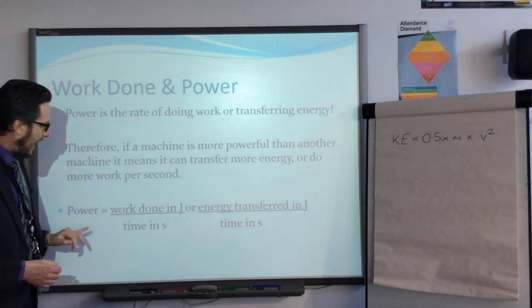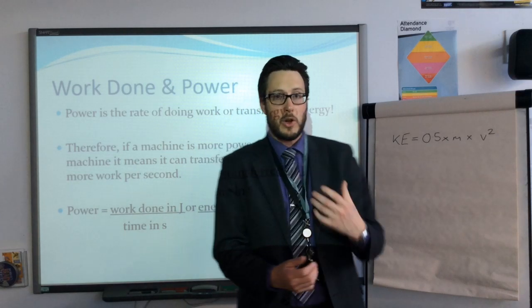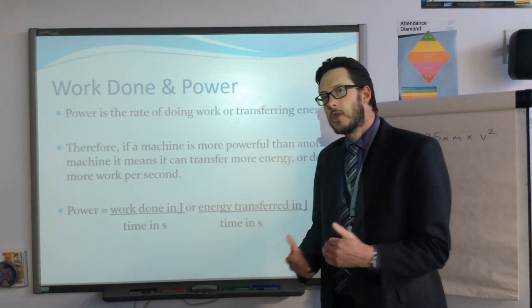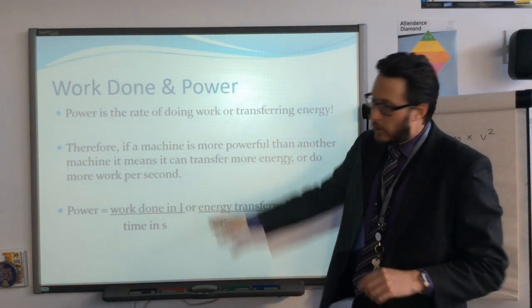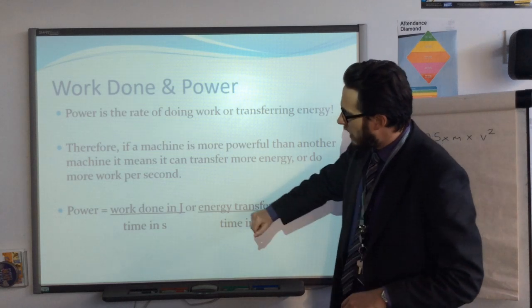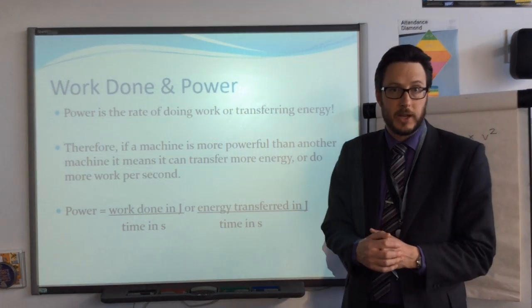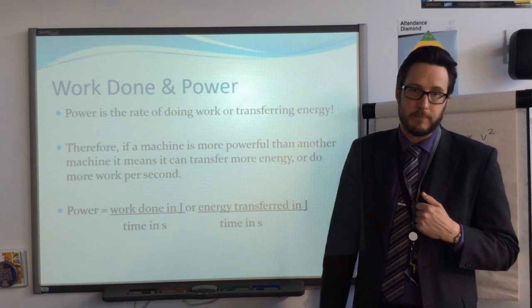And then also power. Power is linked to that. How powerful a person or an object is is actually how quickly they can transfer energy or do work. So there are two equations which are essentially the same thing for power. Power is work done divided by the time taken for that work to be done, or it can be energy transferred divided by the time taken.